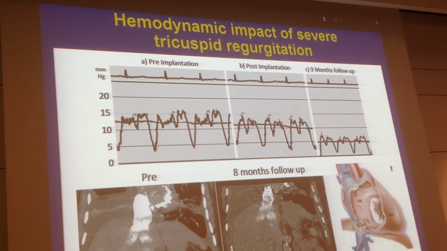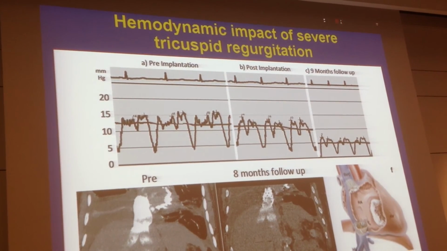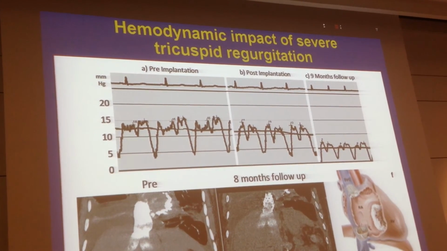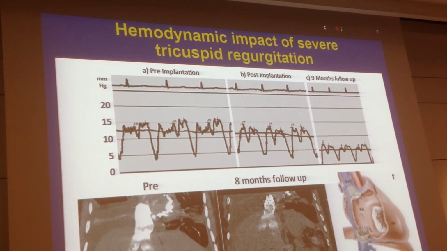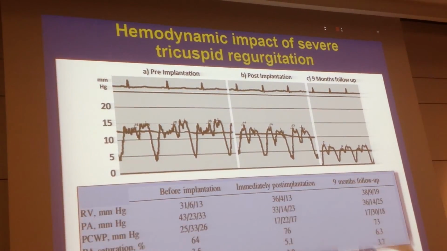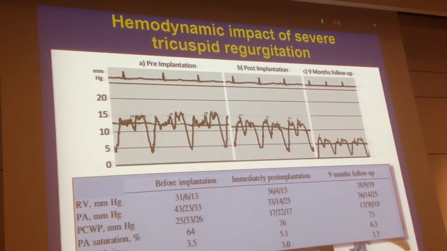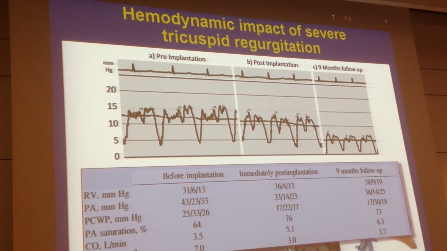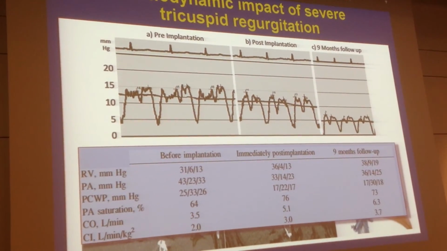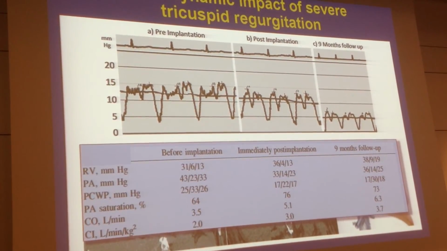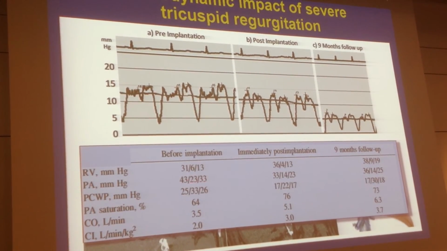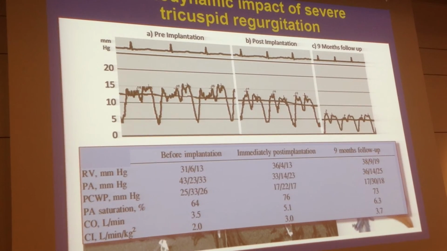You look at the effect on the CVP. This is before intervention, this is immediately after intervention, and this is 9 months later. You have significant recompensation, and the hemodynamic effect is huge. Look here, you have a cardiac output of 3.5 before intervention, and it goes up to between 5 and 6 immediately after the intervention itself, and the right atrial pressure significantly decreases in this patient.